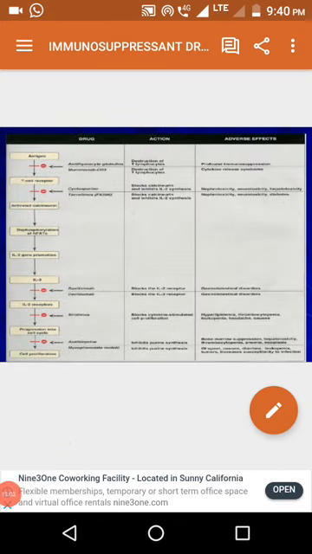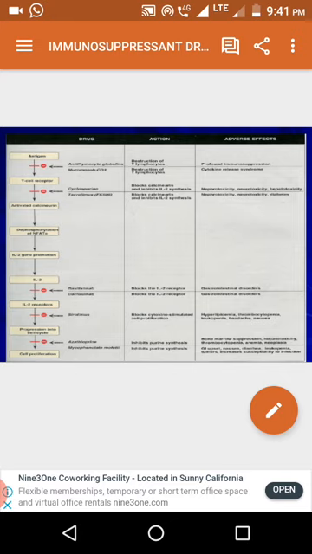What are the major drugs we can concentrate on in immunosuppressive drugs? One is drugs which inhibit interleukin-2 production, like the calcineurin inhibitors cyclosporin and tacrolimus. One more is sirolimus. The second is steroids, glucocorticoids.